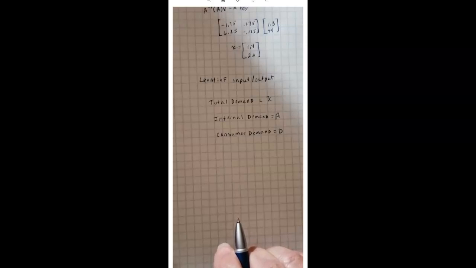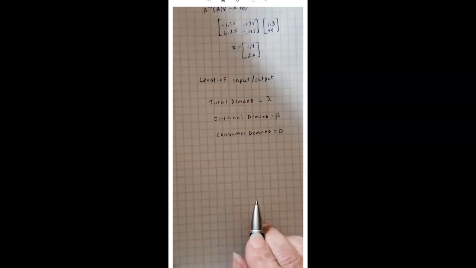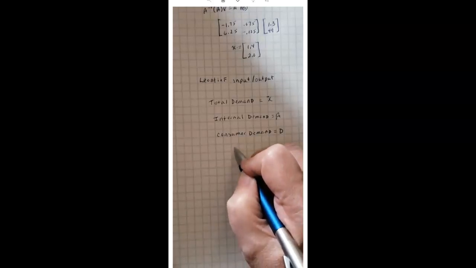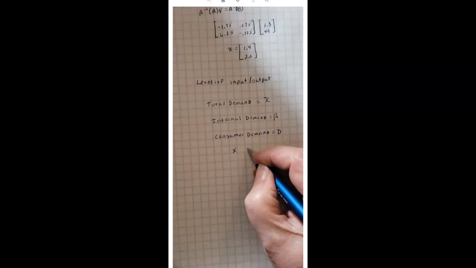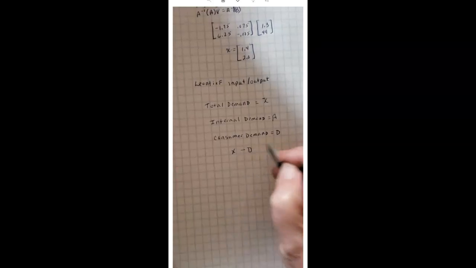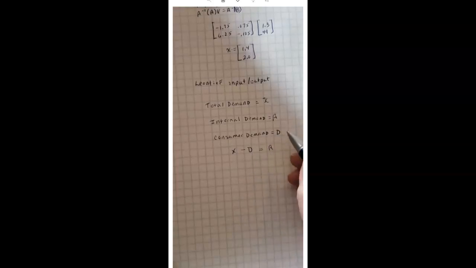All right. So using that idea, then, we know that if we were to find the total production, which would be X, and we were to subtract the demand from the consumer, then we'd end up with what the internal demand was.